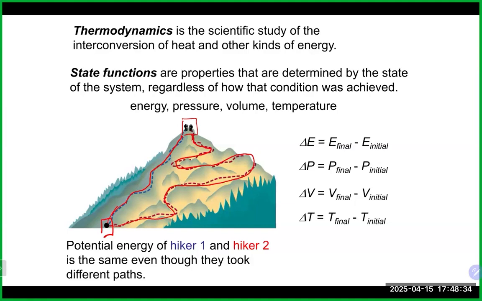Now, when we talk about a reaction where reactants go to products, our final state is pretty much our products, and our initial state is our reactants. So a lot of ways that we calculate thermodynamic properties is to take products minus reactants, which gives us where we ended versus where we started in terms of energy.